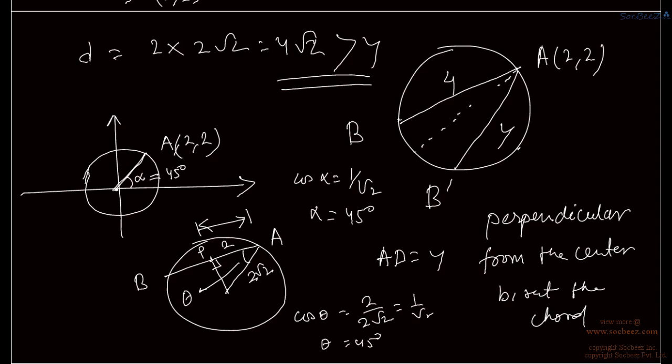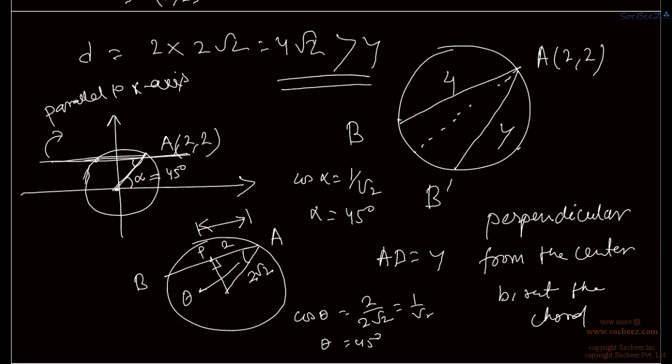So the line joining the center to point A is making an angle of 45 degrees with this line. That means this angle is 45 degrees. So we have a line parallel to the x-axis. This line is parallel to the x-axis, as this is parallel to this. This angle is 45 degrees and this angle is 45 degrees, alternate angles. So we have a line perpendicular to the x-axis.